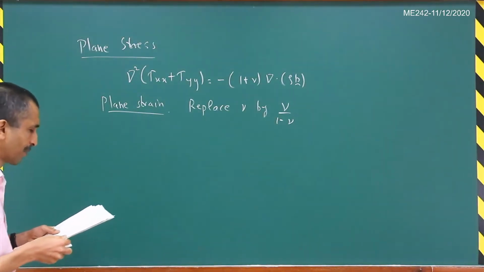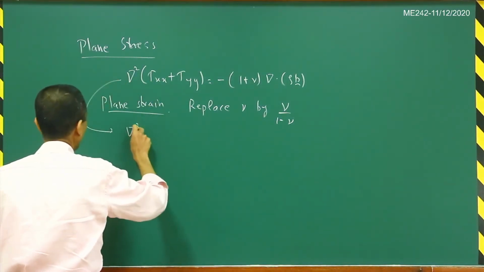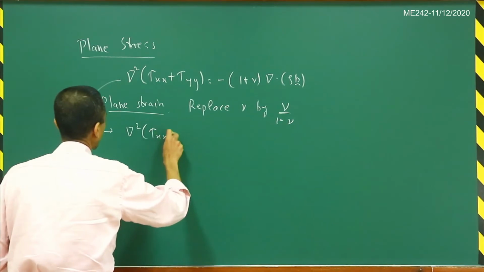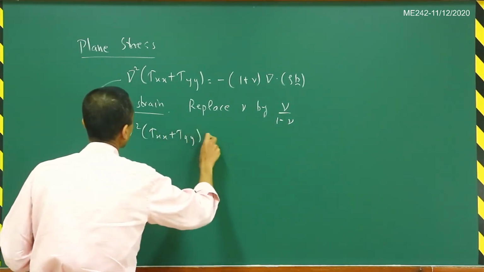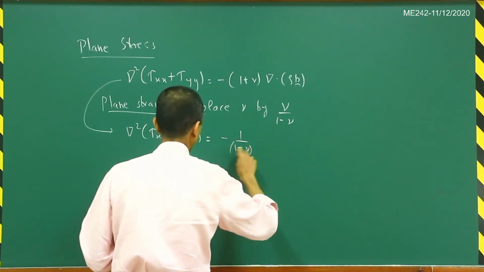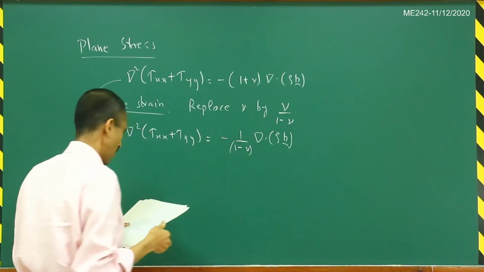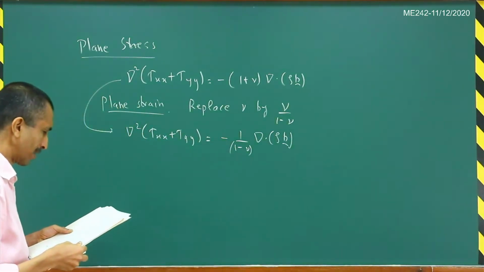So then this equation will become del square of (tau xx plus tau yy) is equal to minus 1 by (1 minus mu) del dot rho b. So that is the modification that we get in this case.